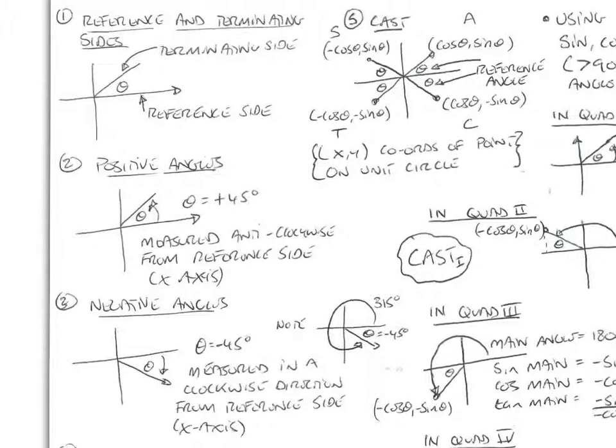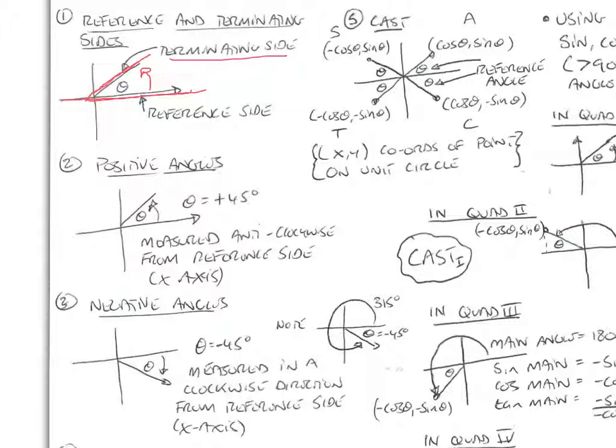Okay, so we'll quickly start by talking about some of the terminology involved in this chapter. So, if we generate an angle theta, then we refer to this side as the reference side, and this side as the terminating side.